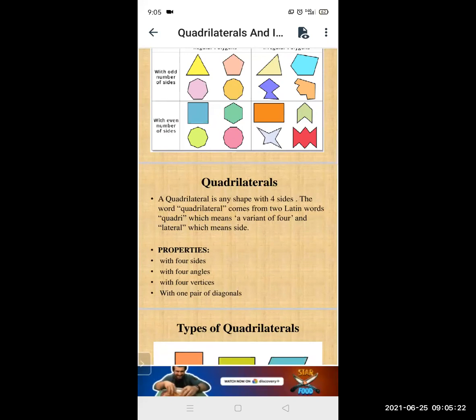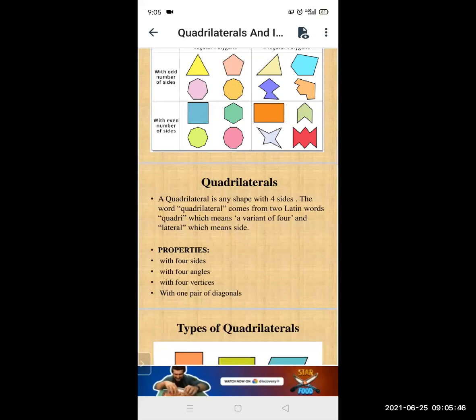We are dealing with 4 sides, not more than 4, not less than 4. So quadrilateral means a variant of 4 which deals with sides.